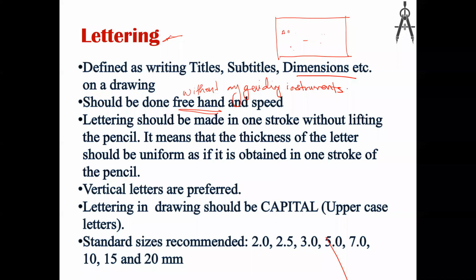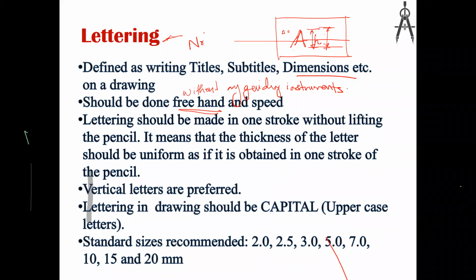So if you are writing A, then you have to write it properly. Properly means you have to maintain the height. You have to always maintain the height. Each capital letter and small letter should have proper heights. Okay. So such you have to maintain.